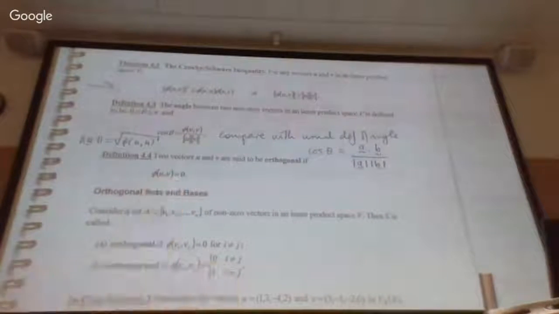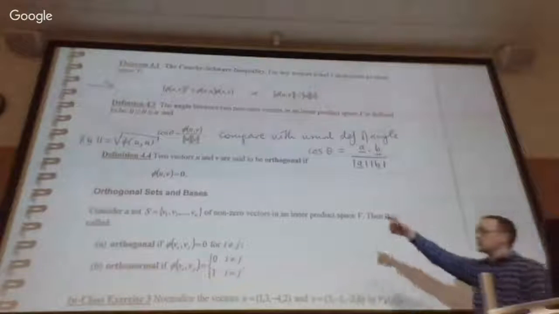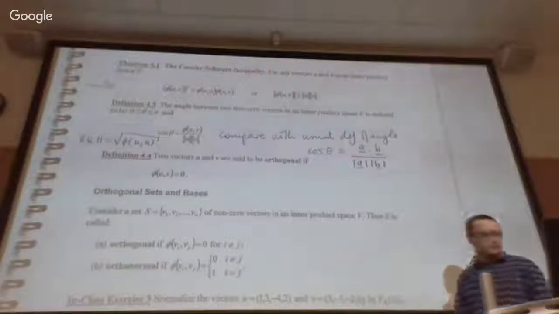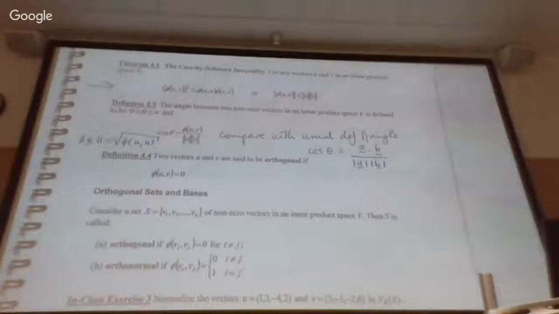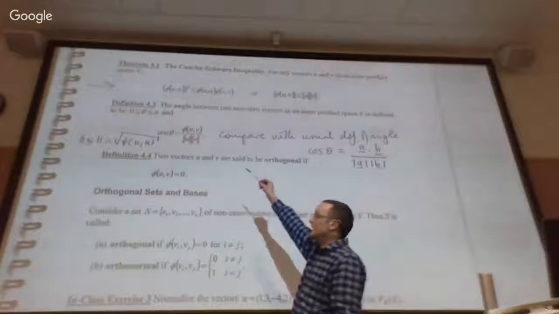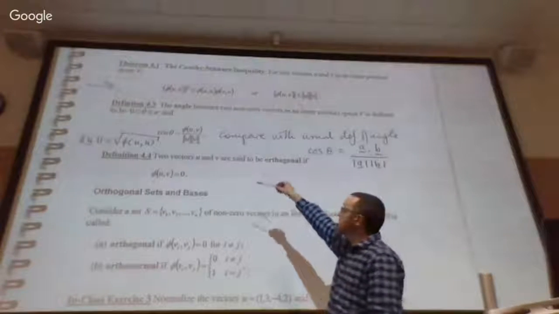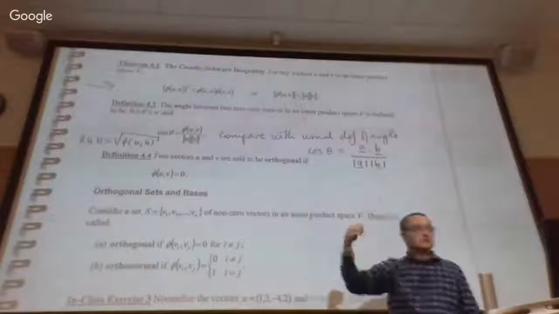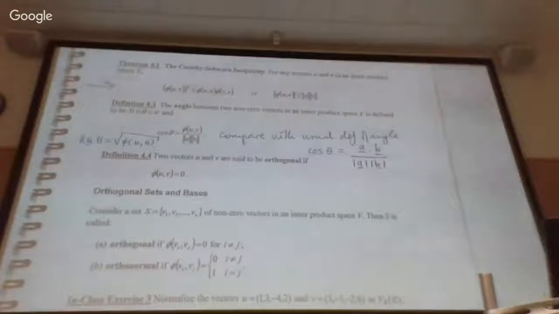So two vectors are said to be orthogonal, with respect to a certain inner product, if the inner product of those two vectors is 0. And this corresponds to, of course, the cosine of the angle between them being 0. So therefore, that's taken as being an angle of 90 degrees, or being perpendicular or orthogonal.